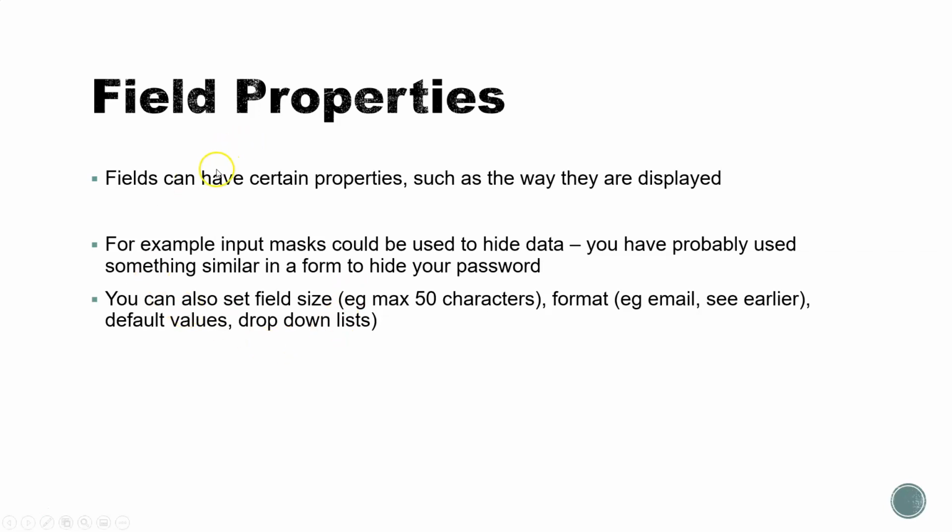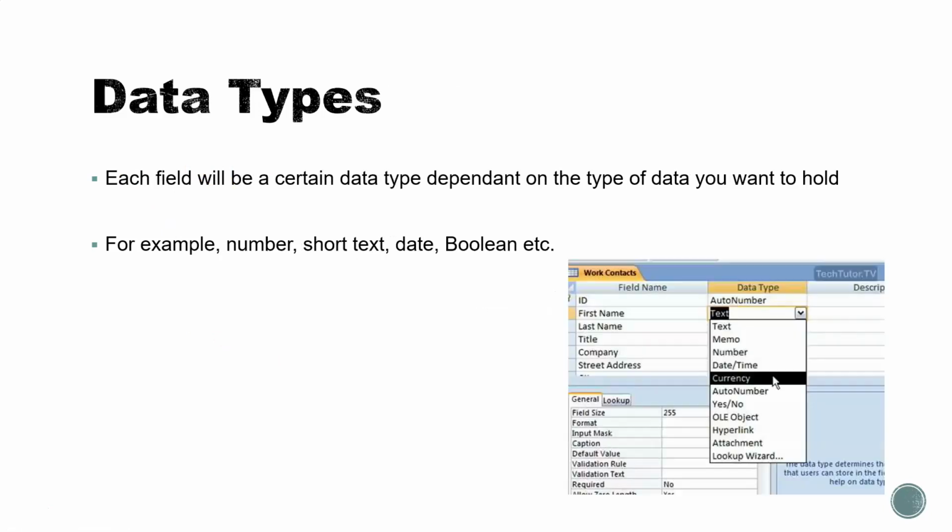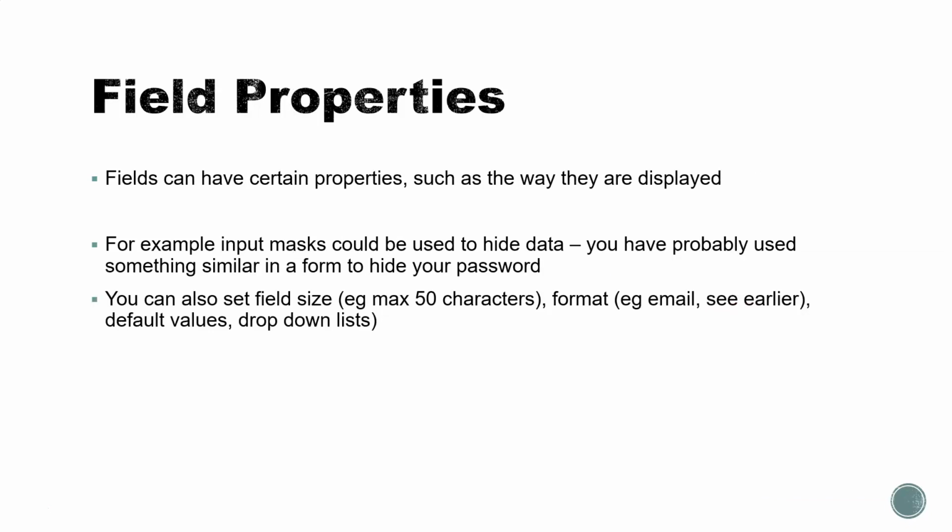So field properties. Fields can have certain properties. This is different to the data types. The data type is what type of data it is. The properties, think of them almost as attributes of that data type. So you could potentially have something like an input mask. You could change the size of the field.